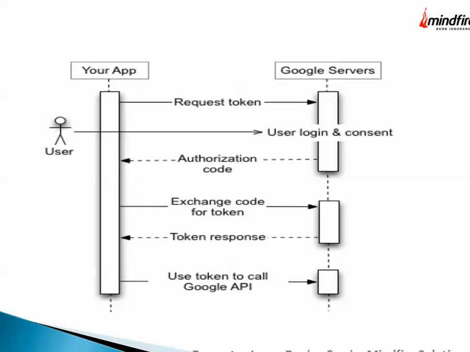Once you get the access token, you can call the Google API. That is the flow to access the Google API. Like this, Facebook uses the Facebook Graph API. The same concept is used by Facebook, Twitter, and many more companies.